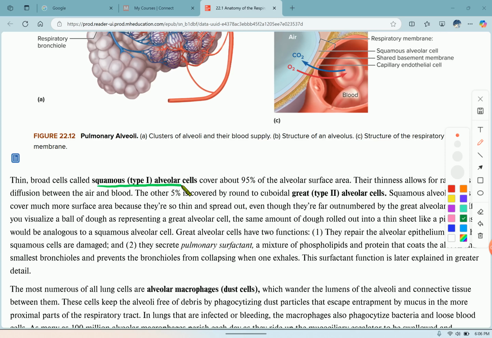Okay, so squamous type 1 or alveolar cells type 1 versus the type 2 alveolar cells.